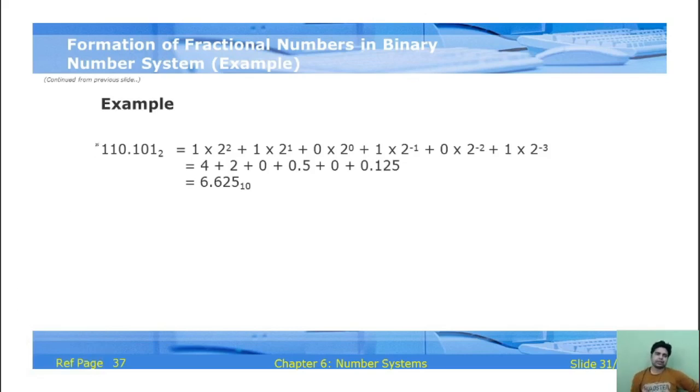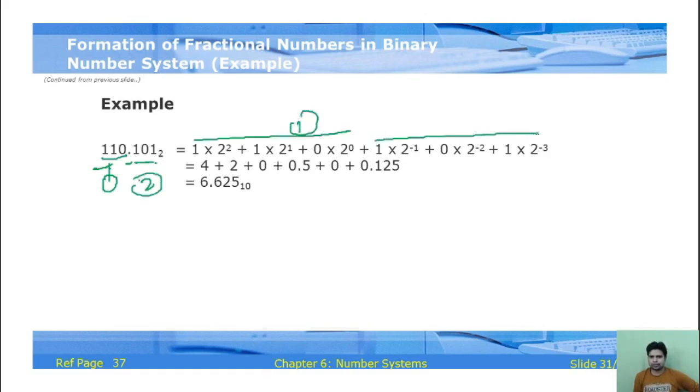Clear? So, 110.101. It is simple, you have to convert it into the decimal number system. This is the first part, and this is the second part.